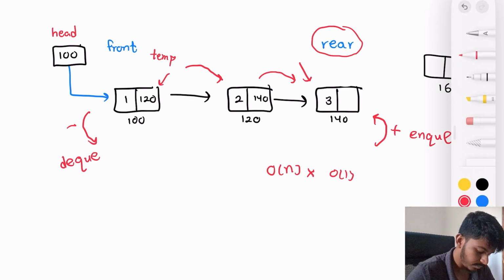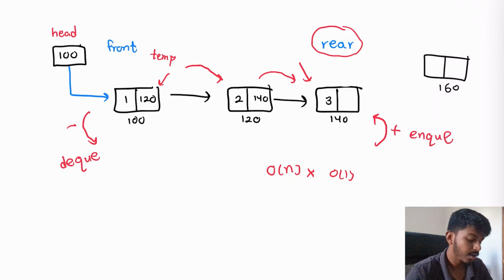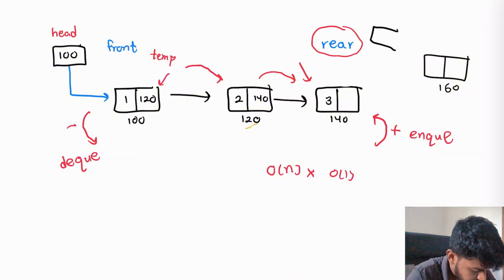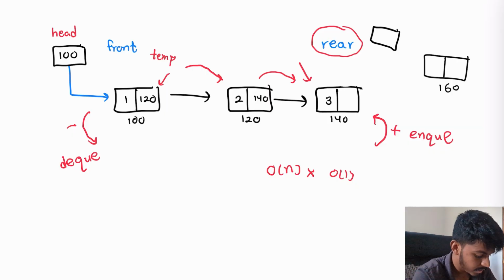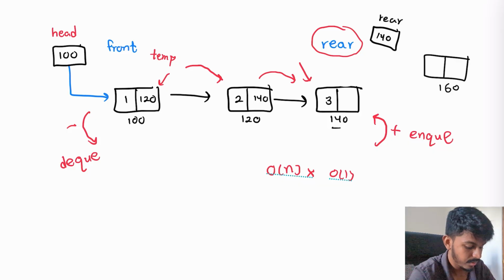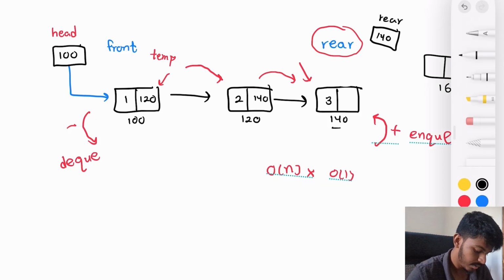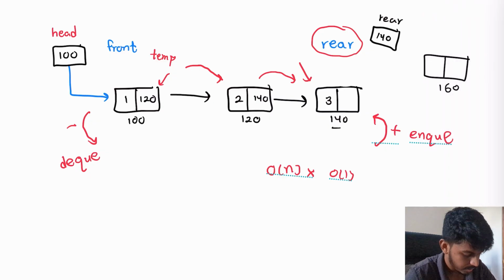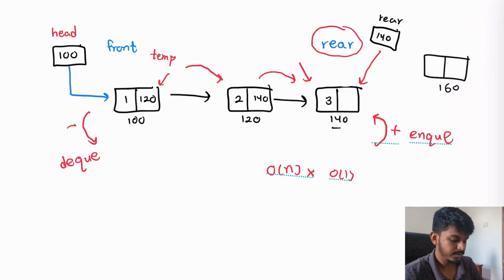That's how we can overcome this and satisfy the second rule. So here, as you can see, the rear node's address is 140. So we are going to maintain a pointer pointing towards this rear node.